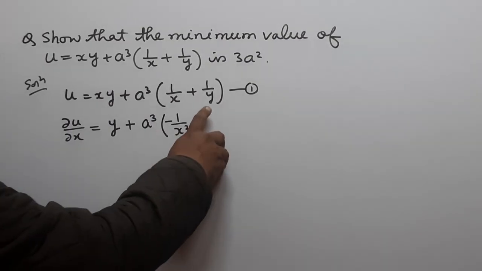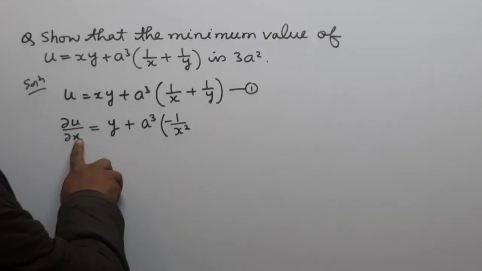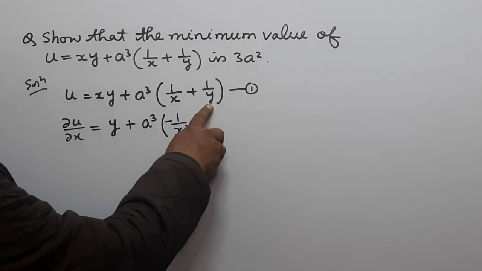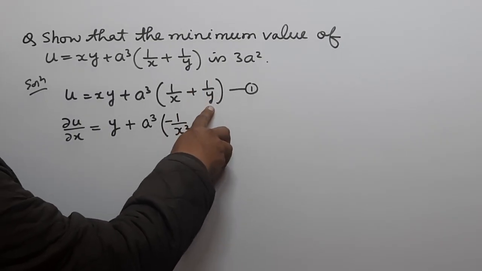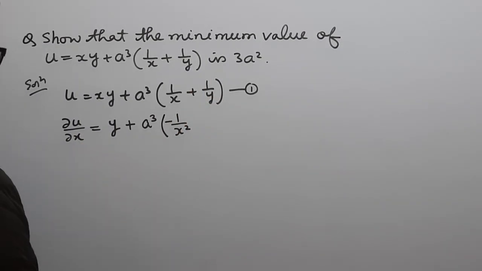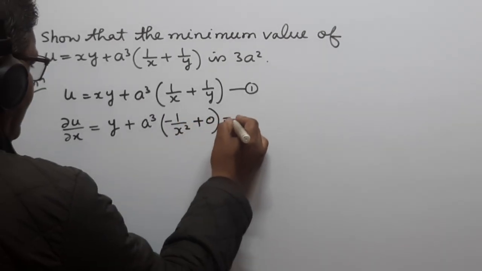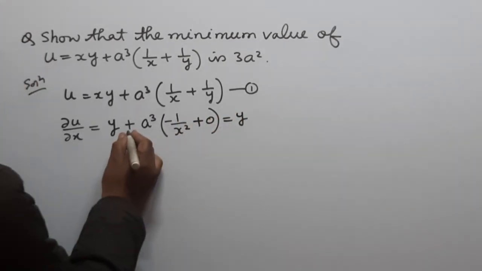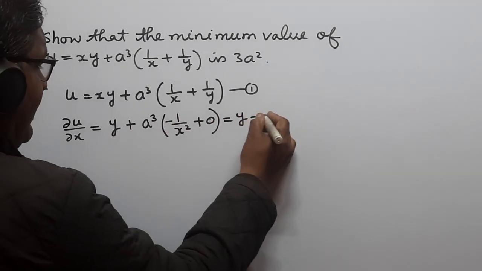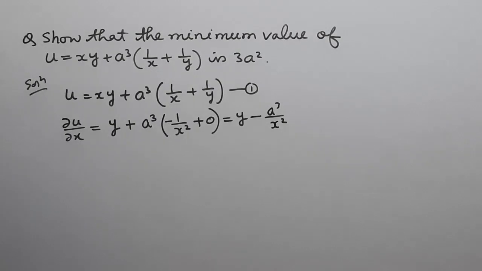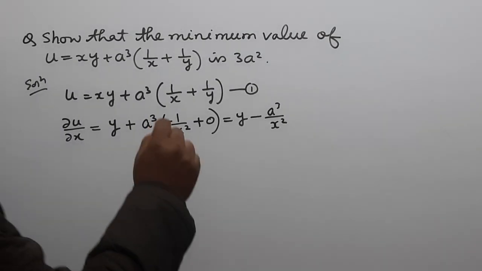And when we differentiate 1/y partially with respect to x, we get 0 because y is constant with respect to x. So this is equal to y, and plus multiplied by minus gives minus a³/x². So this is the partial derivative of u with respect to x.